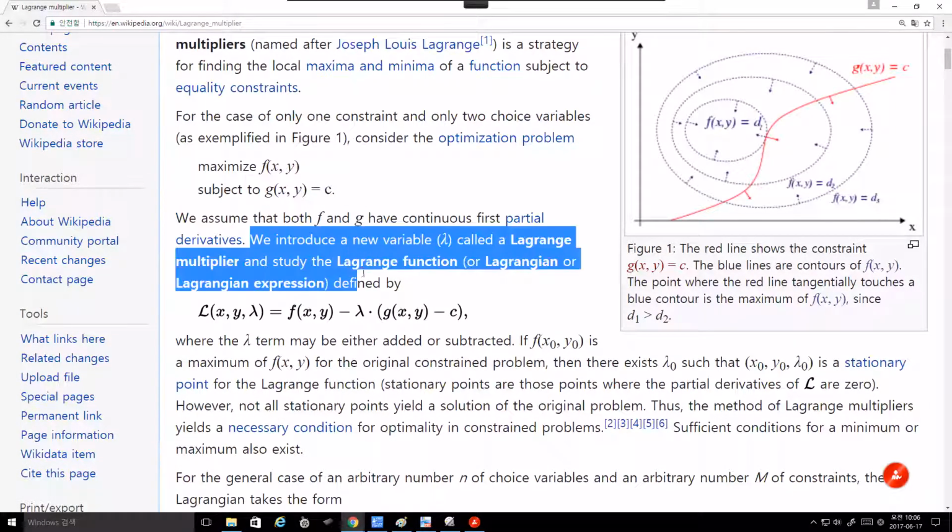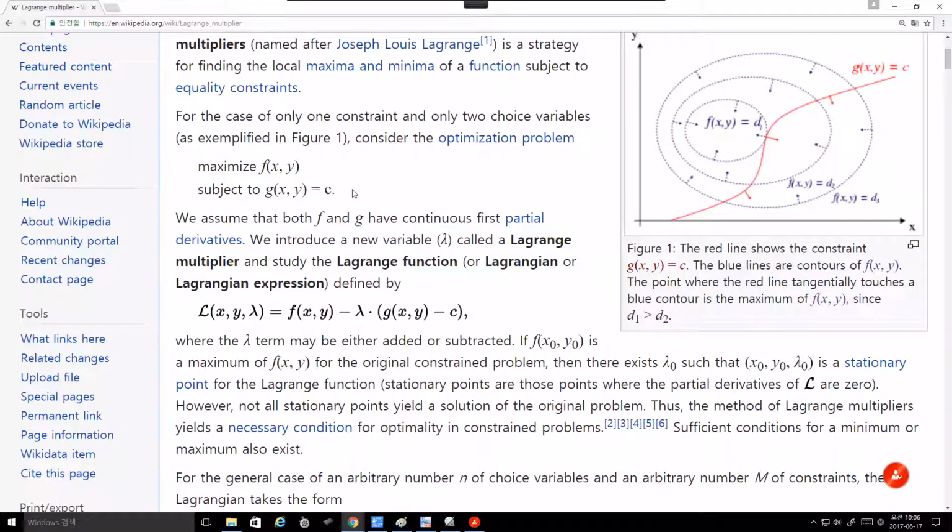And we introduce a new variable lambda. This is an important point. When you optimize it, we introduce a new variable lambda called the Lagrange multiplier, and study the Lagrange function, or Lagrangian expression, defined by this one.